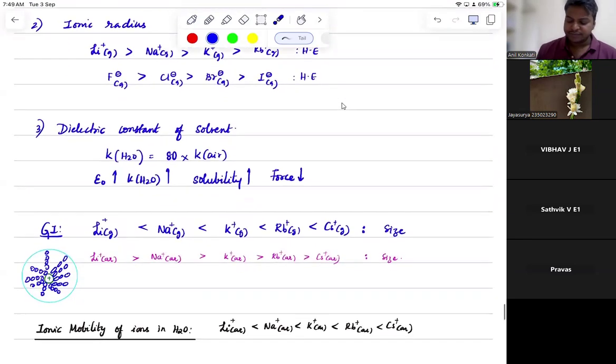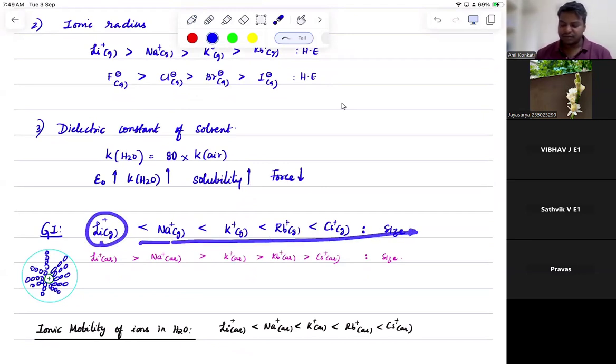Next, dielectric constant. The higher the dielectric constant, the more the solubility and the less the force of attraction. You can see the size of the gaseous ions increases from lithium plus towards cesium.